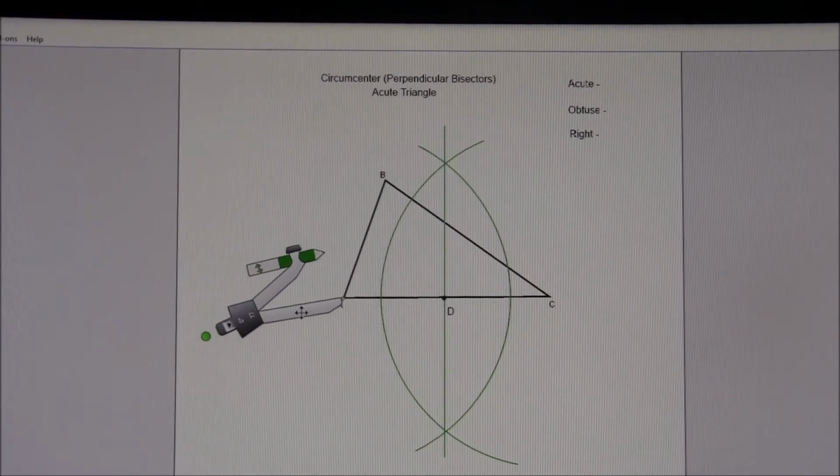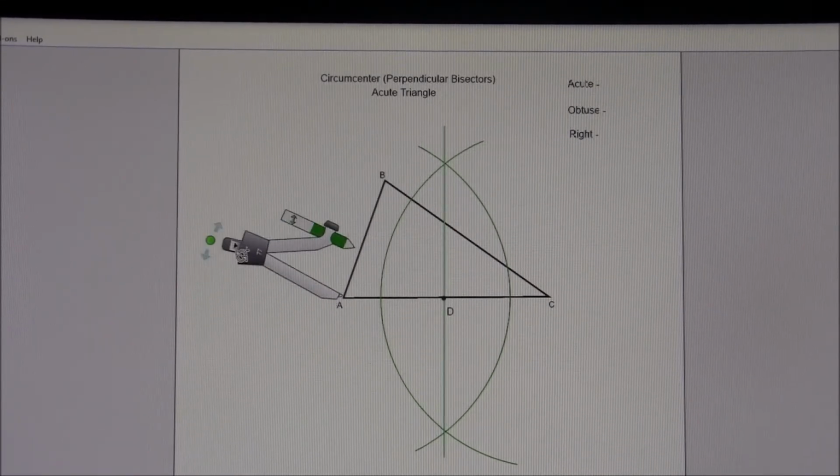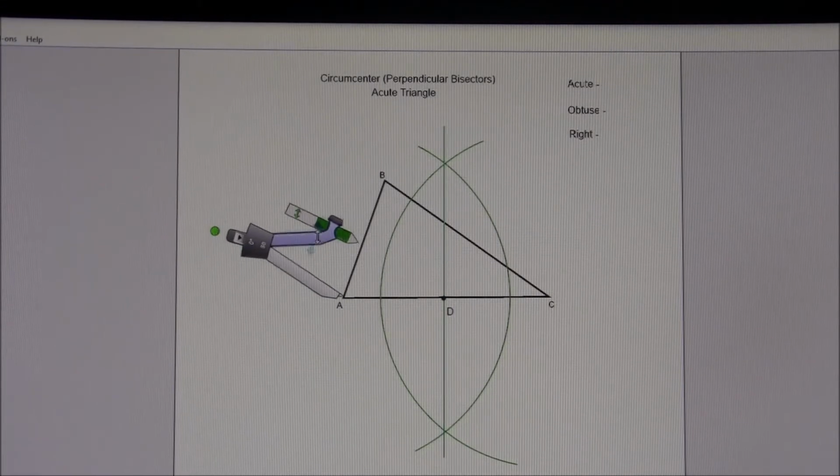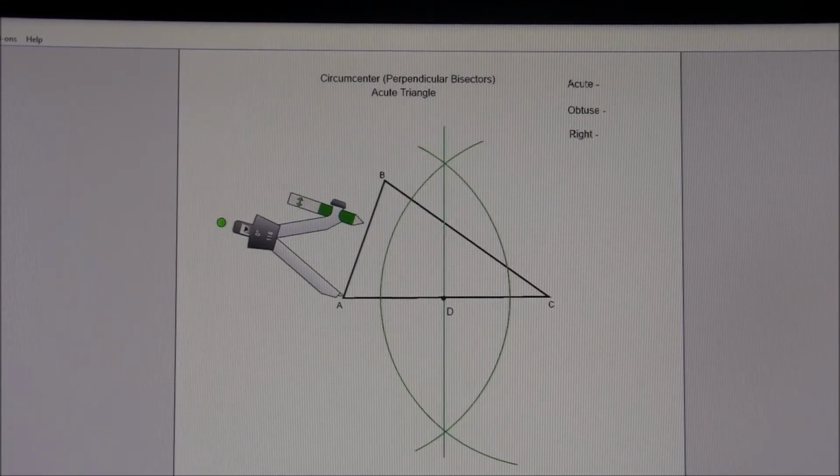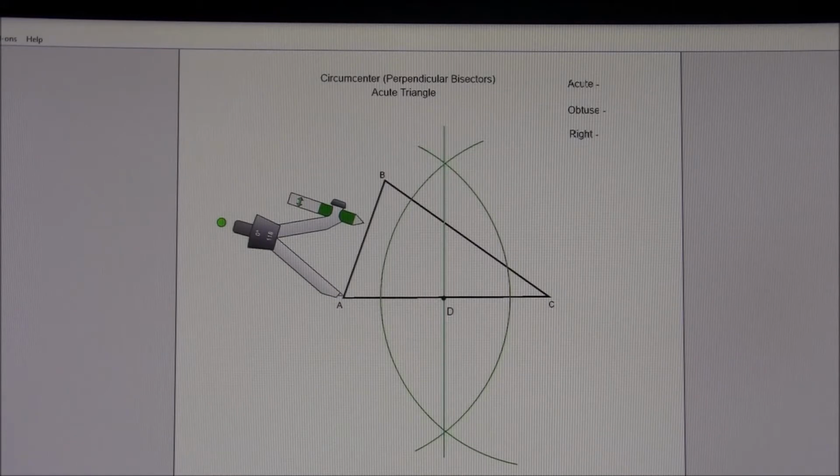Let's take this compass. More than half. Let's change colors. Let's go reddish.